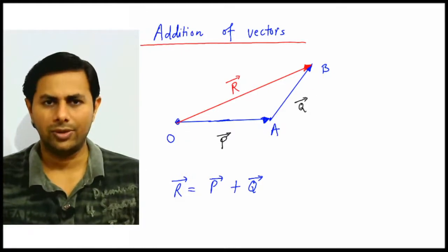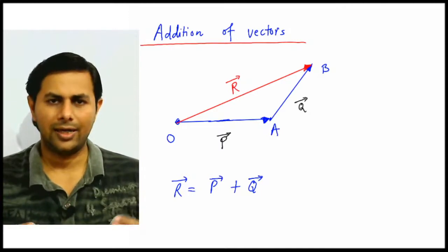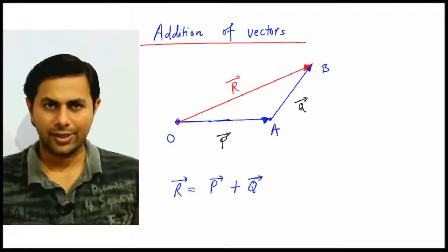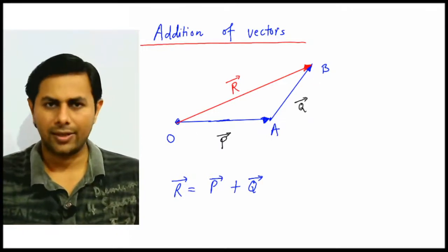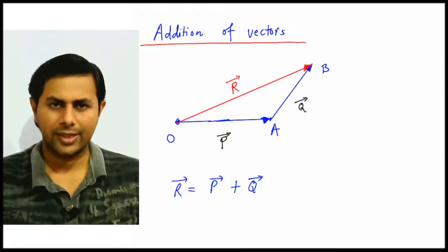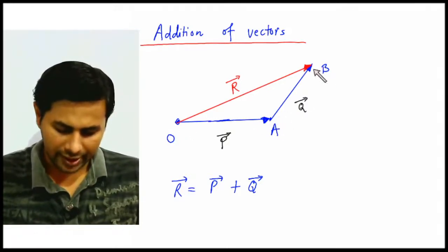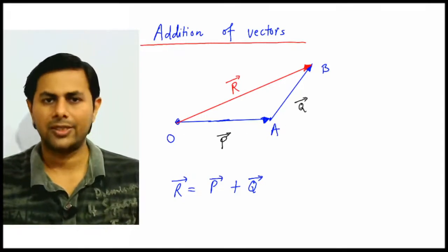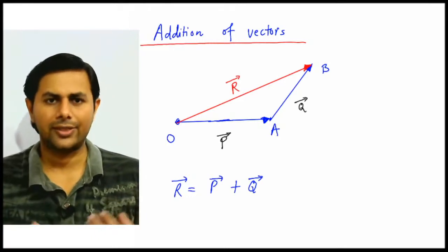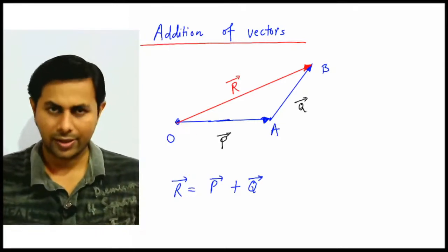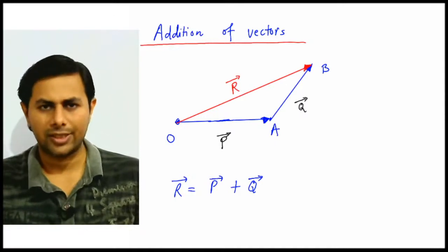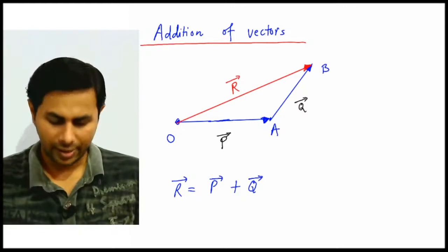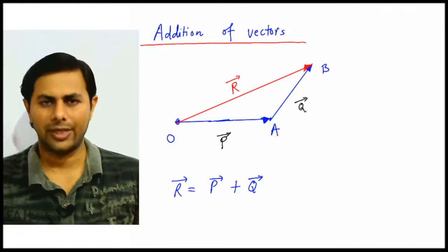So here we get a rule for addition of two vectors, and rule is like this: if two vectors are represented in magnitude and direction by two sides of a triangle taken in order, means second vector starts at the point where first vector ends. Okay, so when two vectors are represented in magnitude and direction by two sides of a triangle taken in order, then the resultant is represented by the third side of the triangle starting at start point of the first vector and ending at end point of the second vector.